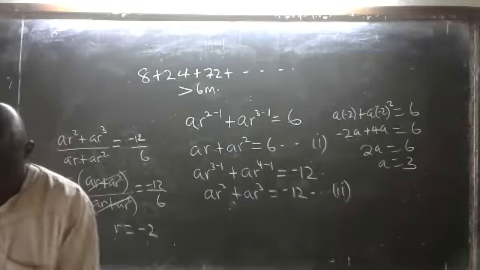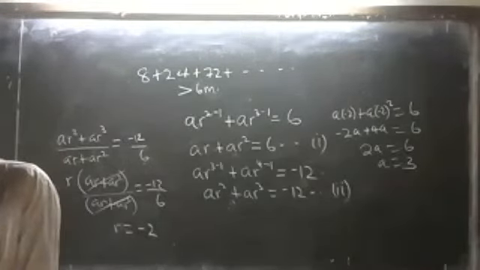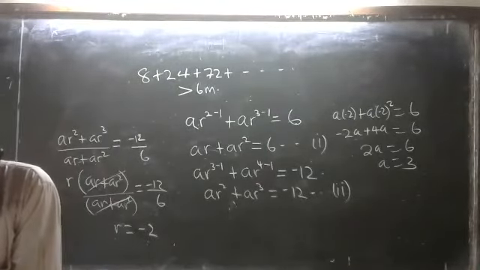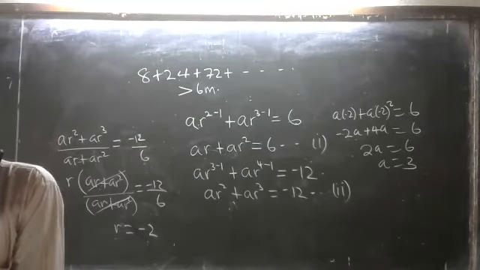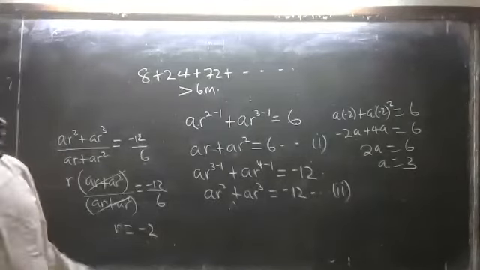What is the smallest number of terms of this GP that will give a total greater than 6 million?